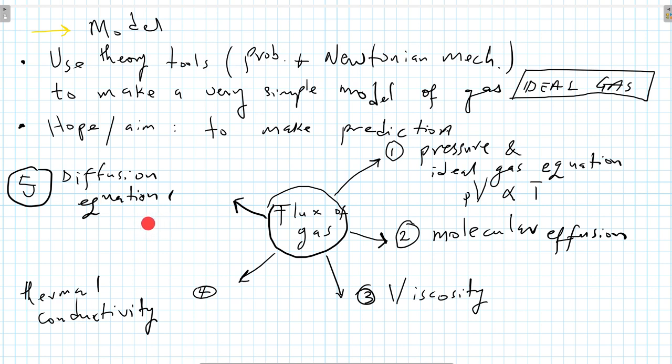For example, when perfume is released at one corner of the room, it takes time to reach the other corner. We're going to see that from solutions of the diffusion equation, or how other things, say temperature, move. These are extra things we're going to derive from this model, and we're going to see that they all agree with experimental observations.